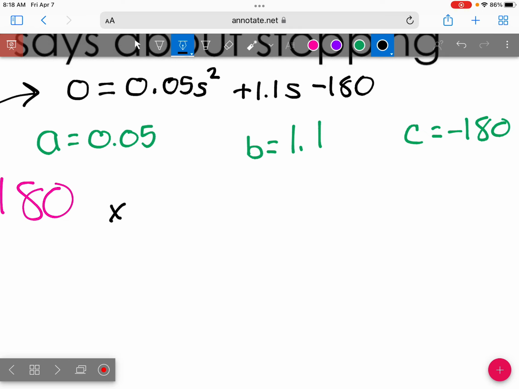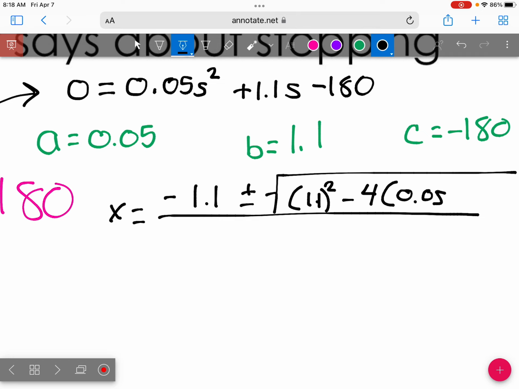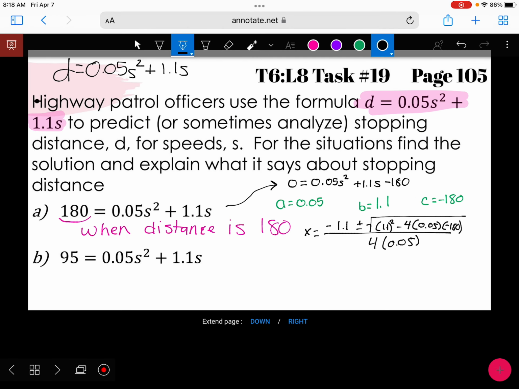So we're going to have x equals negative b, negative 1.1, plus or minus the square root of 1.1 squared minus 4 times a, 0.05, times c, negative 180, divided by 2a. And we can type that into the calculator and get our two solutions.